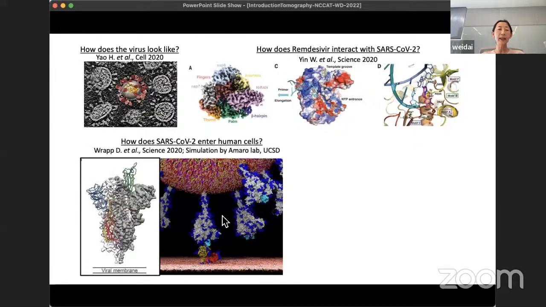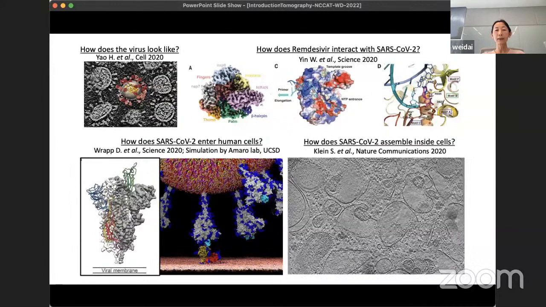Number 3 is the 3D structure of the spike protein on the membrane. This is also a very high resolution structure reconstruction, and understanding of this structure helps us to design the vaccine, to design antibody therapy, and also to understand the molecular mechanisms of the spike protein interaction with membrane receptors. Again, this is from single particle analysis.